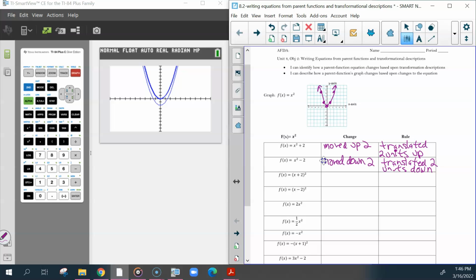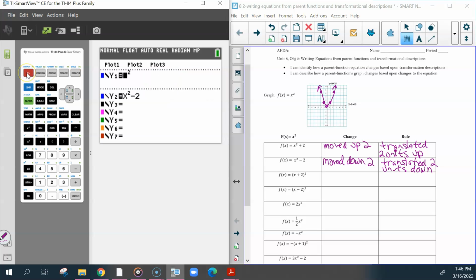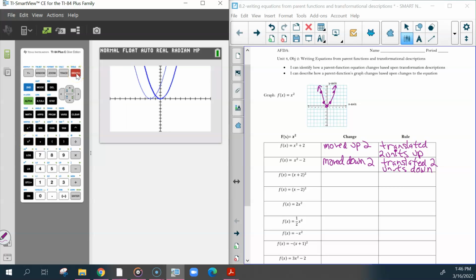Now we're going to see what happens if we have parentheses and what this does. So I'm going to go back into my y equals, clear this out, and put in parentheses and square it. That's my original, and it looks like my original moved to the left.